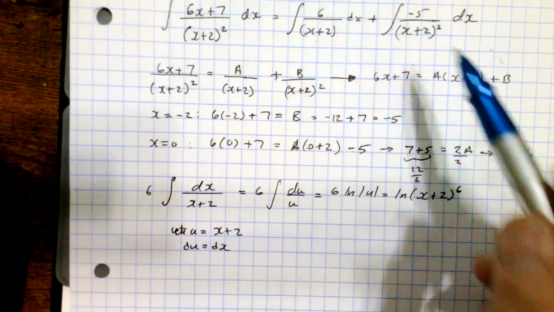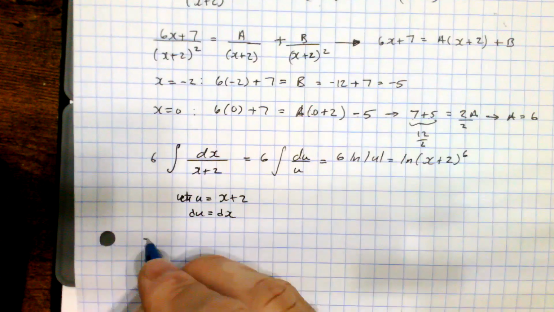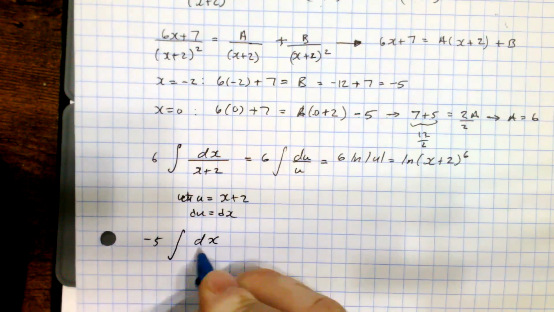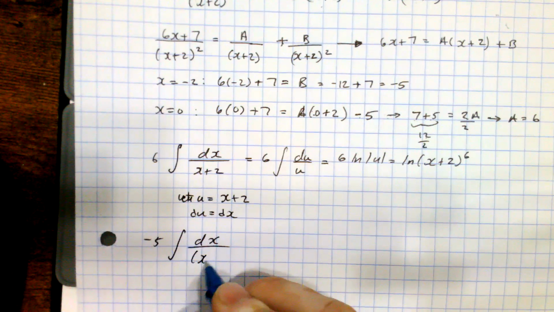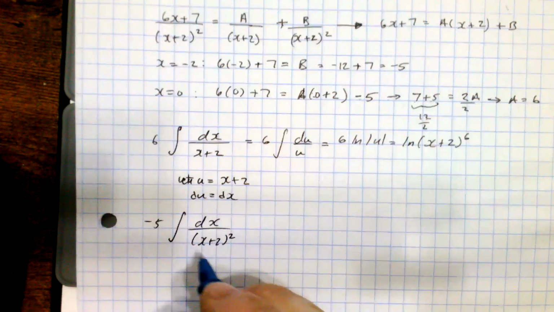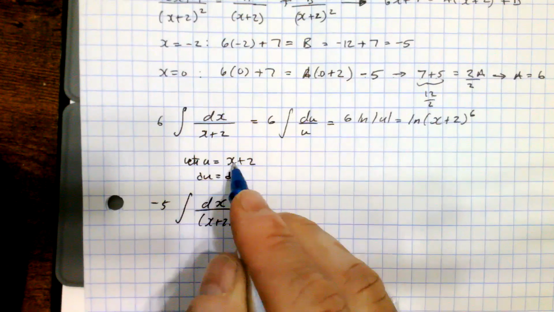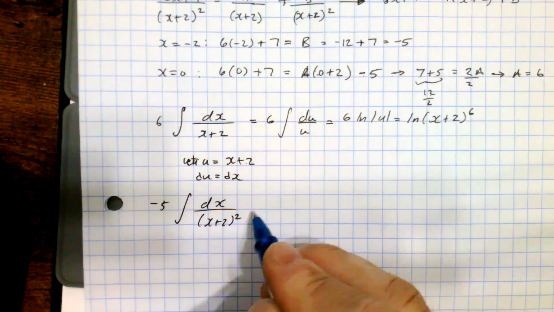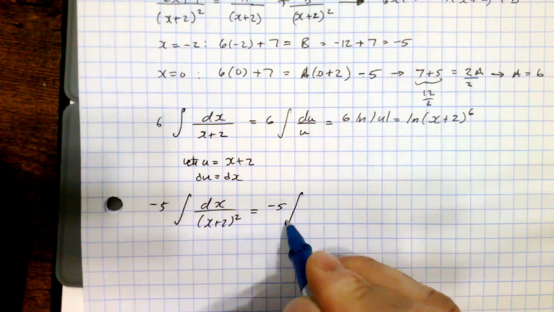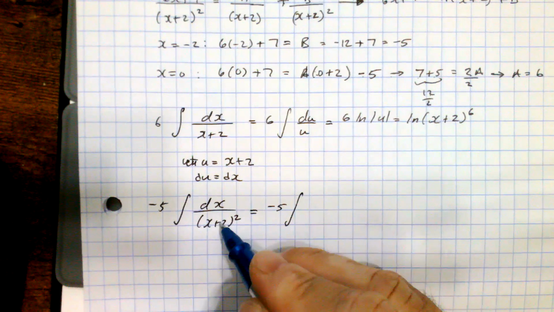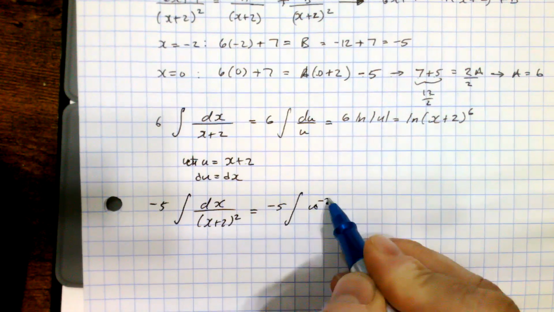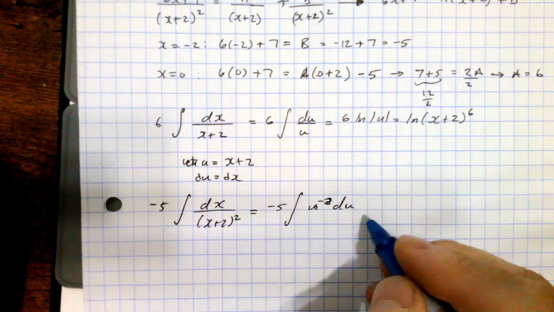Now let's consider the second integral. I have minus 5 times the integral of dx over x plus 2 squared. For this one, make the same substitution. So let u equal x plus 2, and du is the same for both. The difference is that I'm going to plug in u here. I get u to the negative 2, so bringing that upstairs, I have u to the negative 2 du.